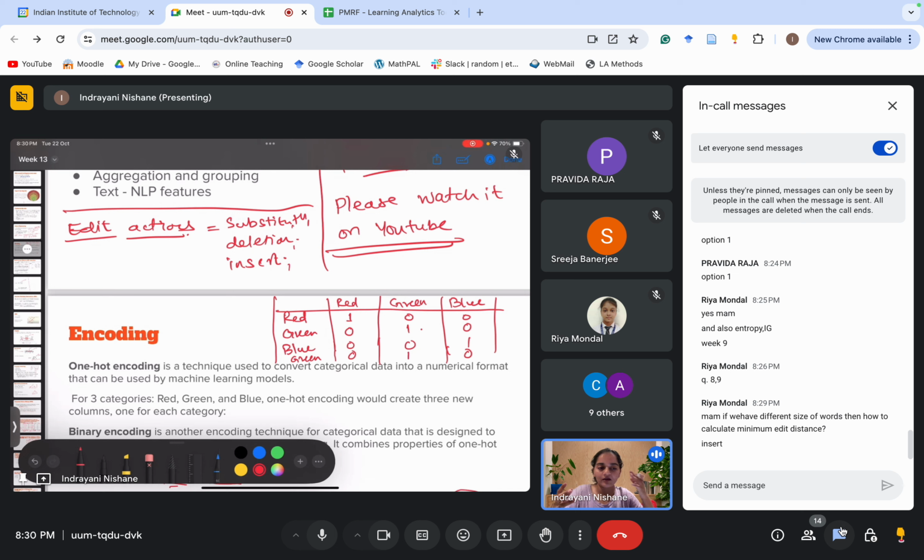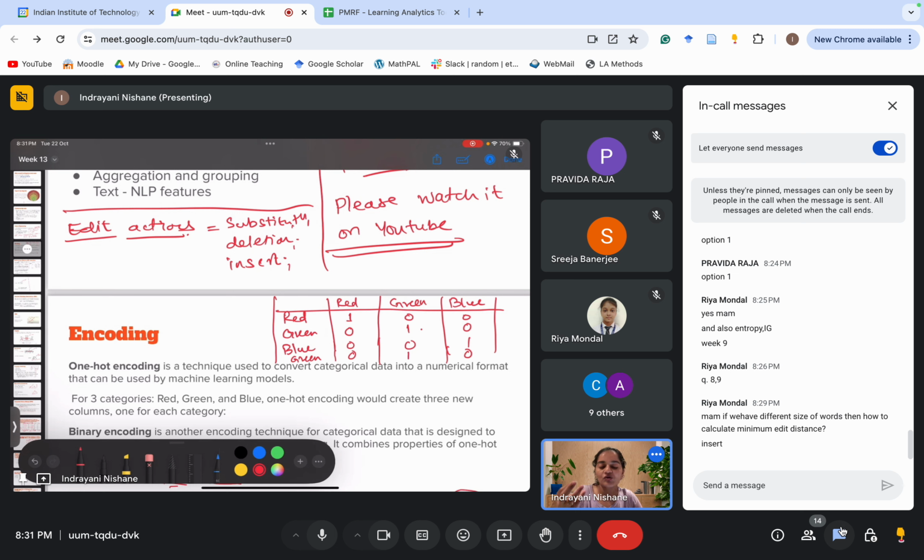So if the word size is different, that means we are deleting. Deleting one letter will be one edit distance. Substituting one letter with another letter is one edit distance, and inserting a new letter is one edit distance. So when you are changing the size of the words, the edit distance will be how many substitutions you are doing, how many deletions, and how many insertions.